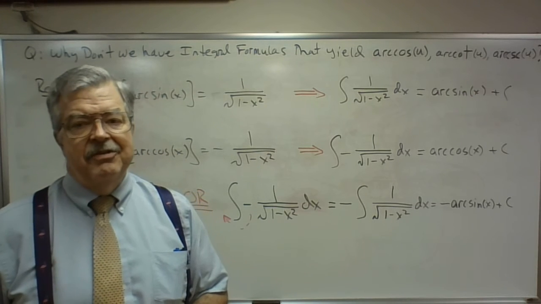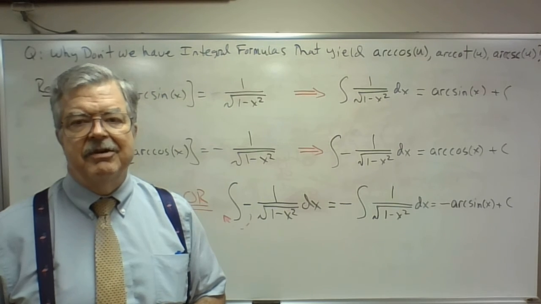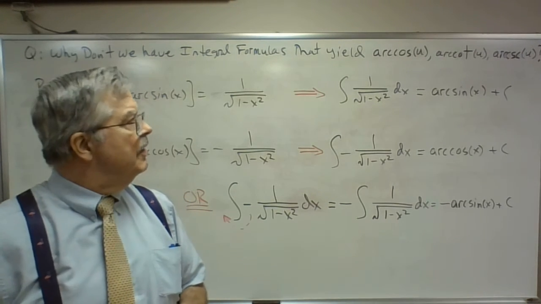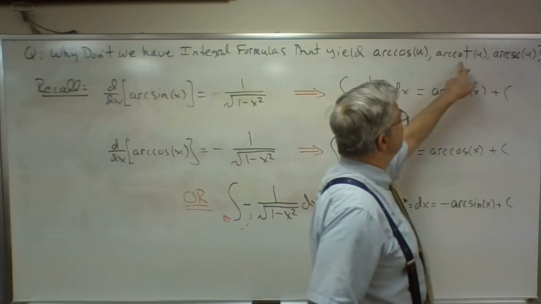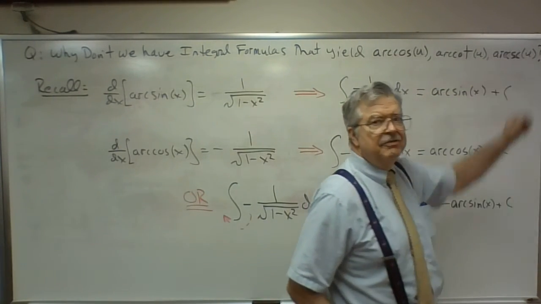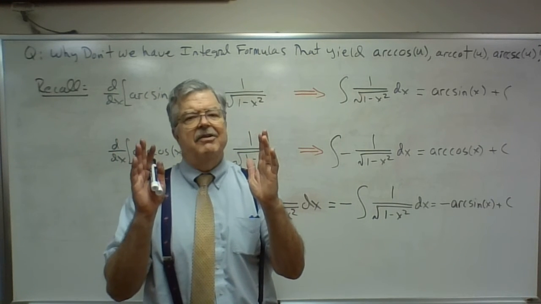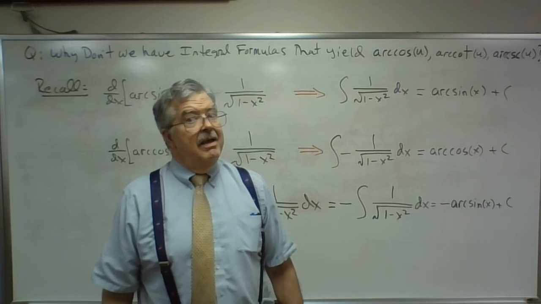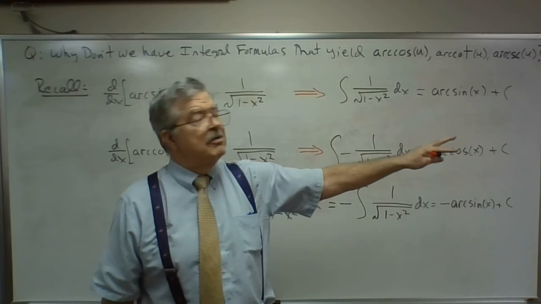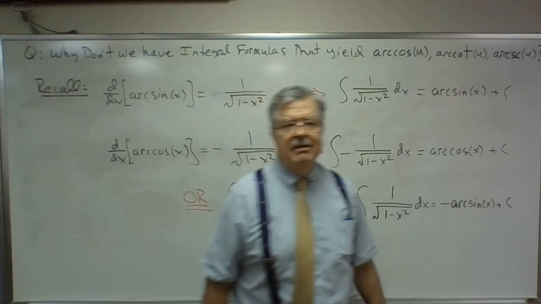The same kind of thing happens with formulas that would give us inverse cotangent and inverse cosecant. The only difference between the formulas for inverse cotangent and inverse cosecant is that there would be a negative sign or a factor of -1 as part of the integrand. And we could have a separate formula for arc cotangent and arc cosecant.